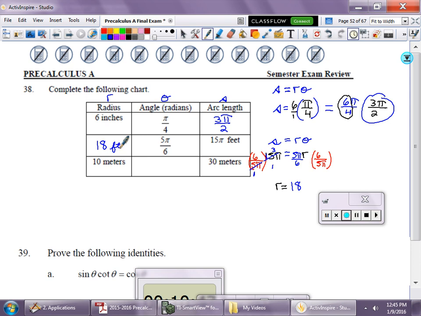Okay, last one is, again, formula S equals R times theta. Your S is 30. I don't know why I wrote 33. S is 30 equals, your theta is missing, and our R is 10. Solving, divide by 10.